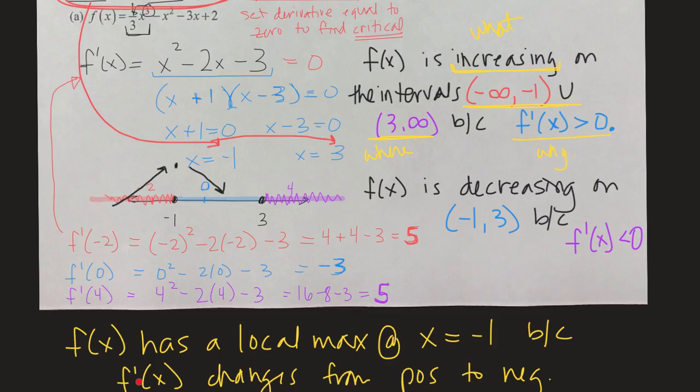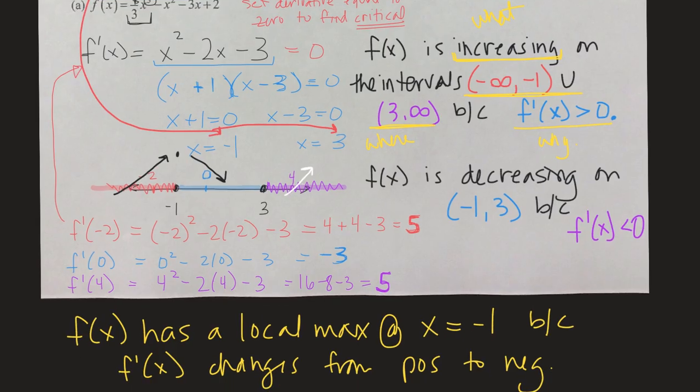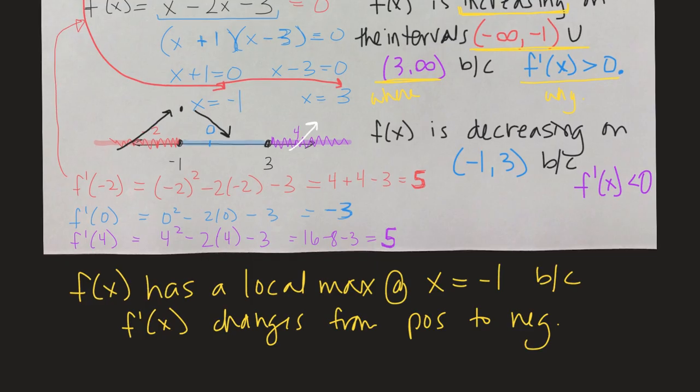If our derivative changes from positive to negative, that means our function changed from increasing to decreasing. And that's our definition of a local maximum. Okay, so we have a local max at -1, and what do we have at +3? A minimum, right? We have a local minimum for a similar reason.